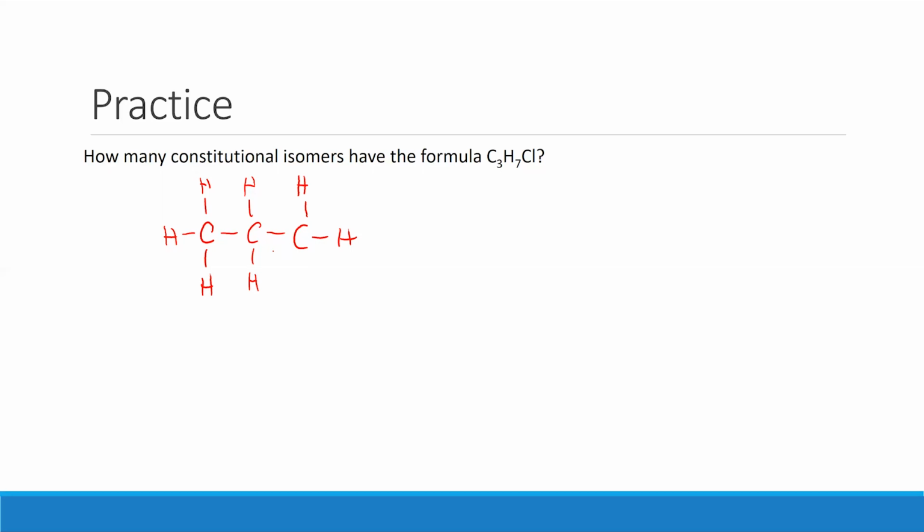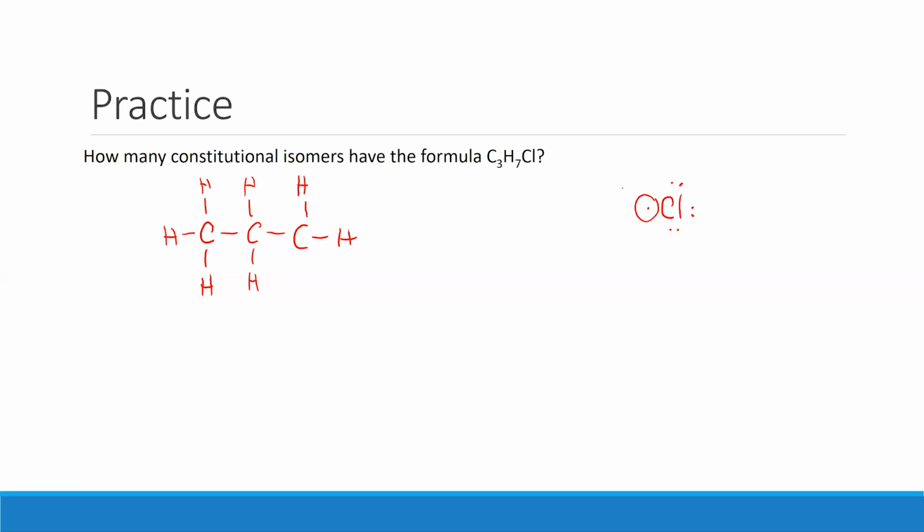And we know that we have chlorine. If you look at chlorine's valence shell, I'll draw it here. It has 7 electrons: 1, 2, 3, 4, 5, 6, 7. Notice there is 1 electron unpaired. That means that chlorine tends to make 1 single bond.